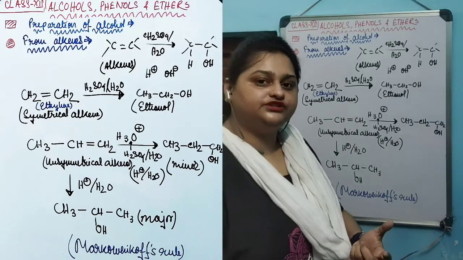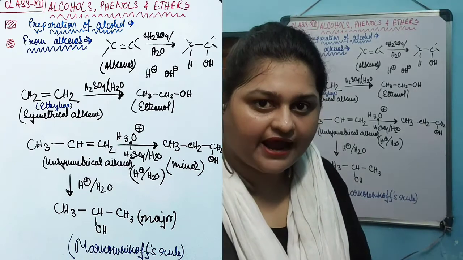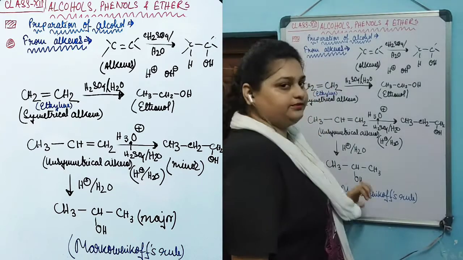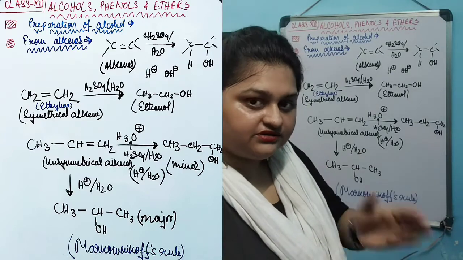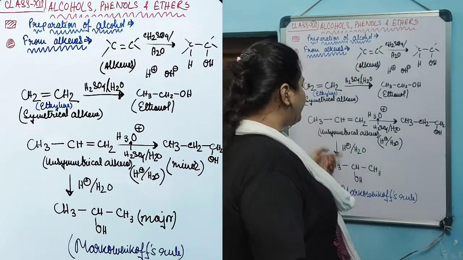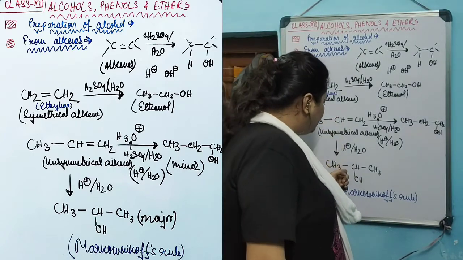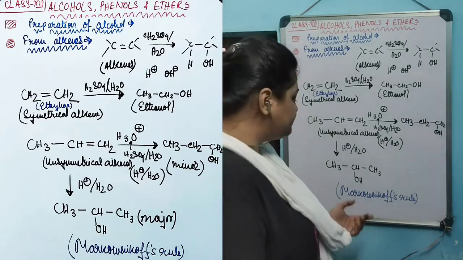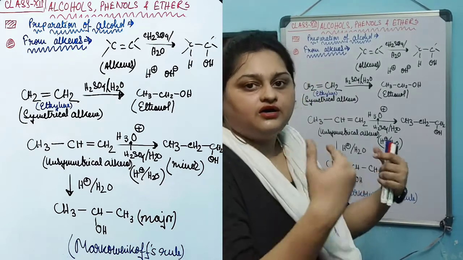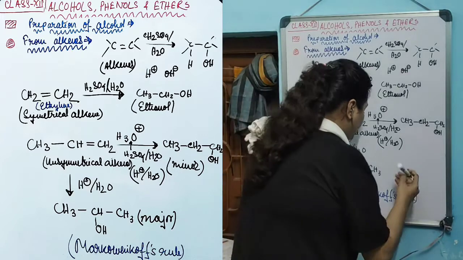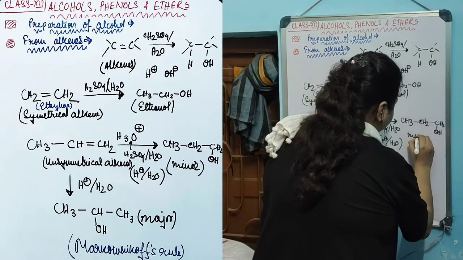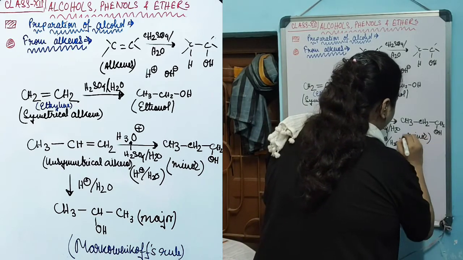So the negative part of the reagent, H2O, which is OH, will preferentially add to this middle carbon, and hydrogen will add to the terminal carbon. As OH is added to the middle carbon, the product formed is this one. That's why this one will be produced in a higher amount. So this one is the major product, and this one will be produced in minor amount, the minor product.